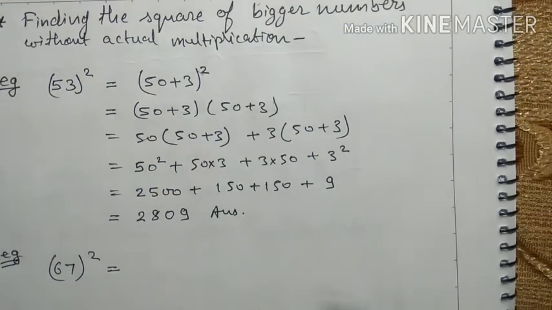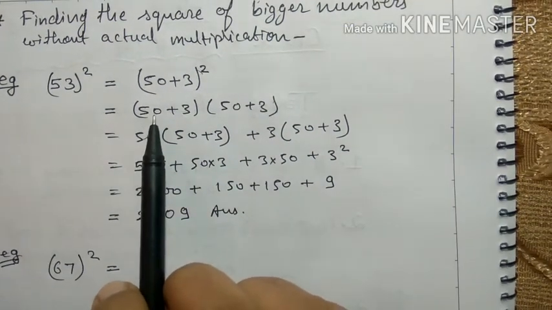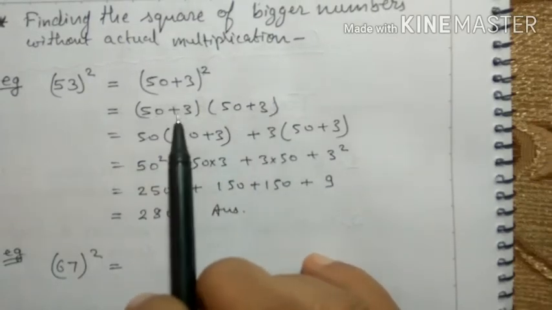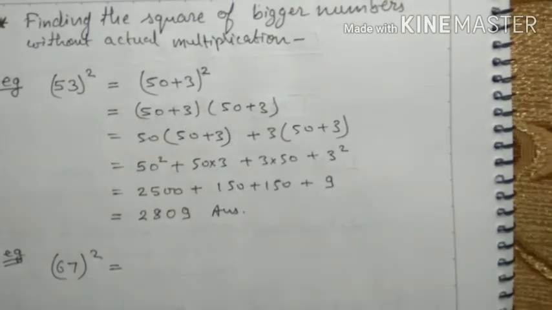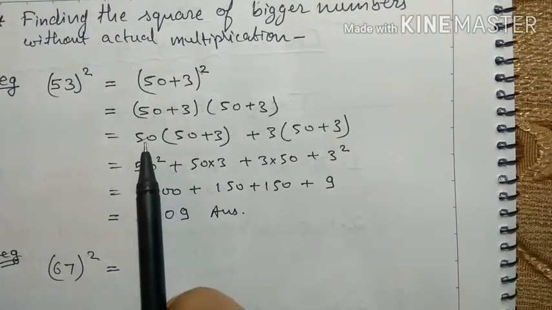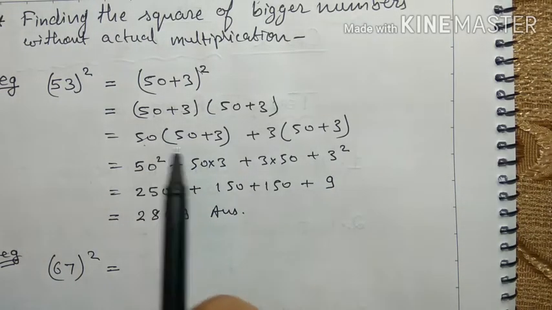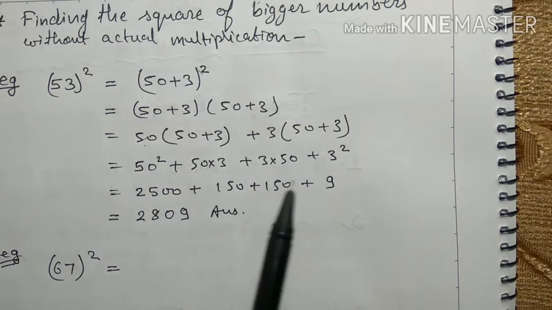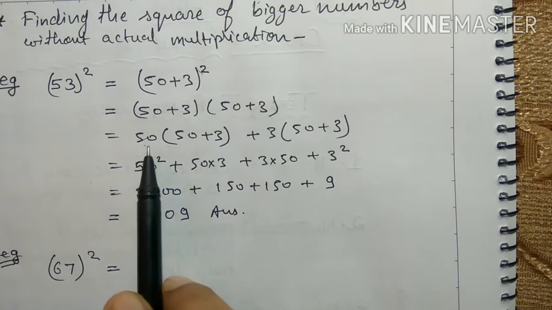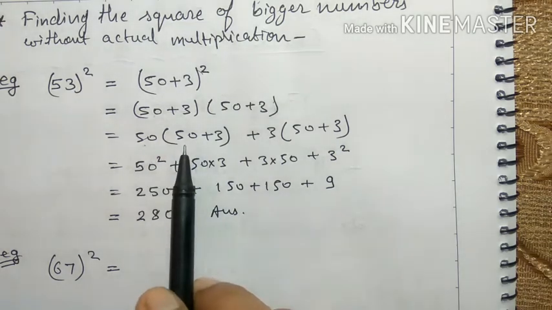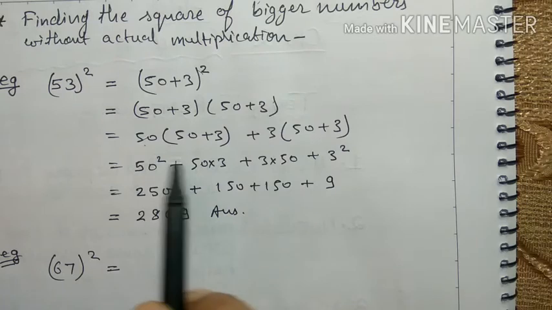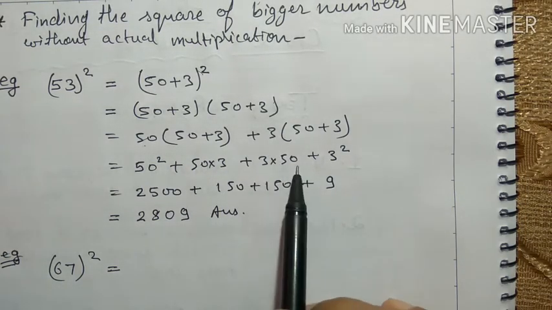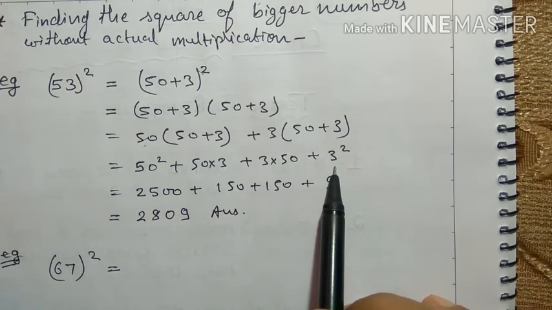Now 50 is multiplied with the whole bracket, and then 3 is also multiplied with the whole bracket. So it becomes 50 into (50 plus 3) plus 3 into (50 plus 3). When the bracket is opened, 50 multiplied by 50 is 50 square, 50 into 3, then 3 into 50, and 3 into 3 is 3 square.